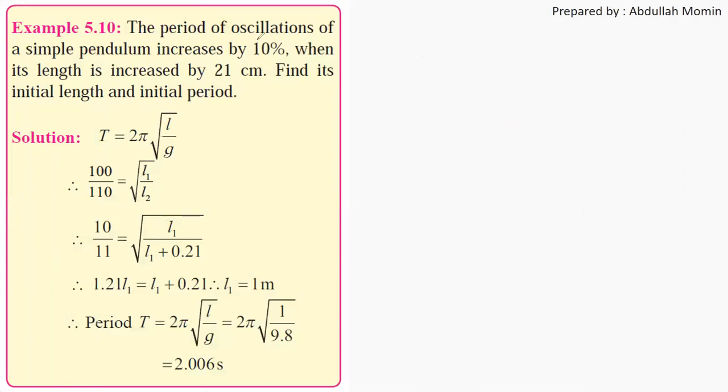The period of oscillation of a simple pendulum increases by 10% when its length is increased by 21 centimeter. Find its initial length and initial time period. Consider L1 is the initial length of the simple pendulum, and when this length is increased, the final length will be L1 plus 21 centimeter, or we can write L1 plus 0.21 meter.